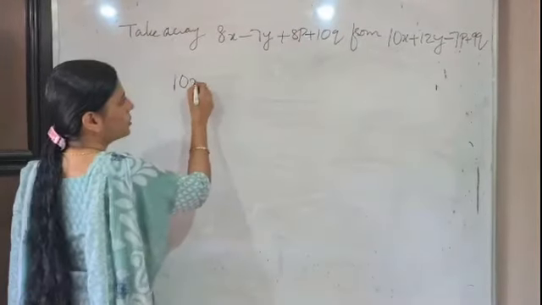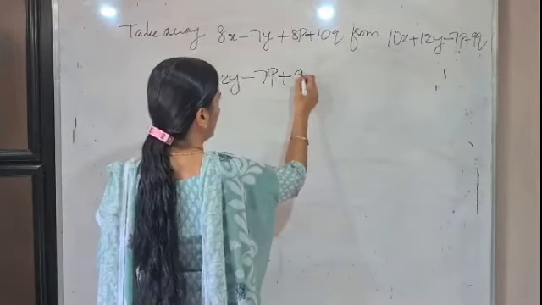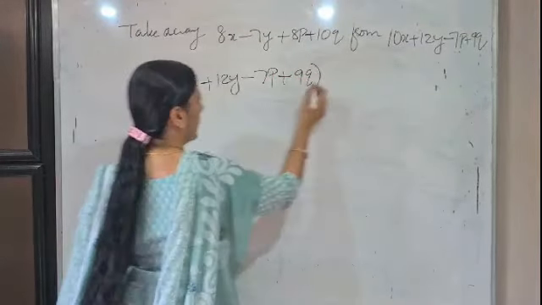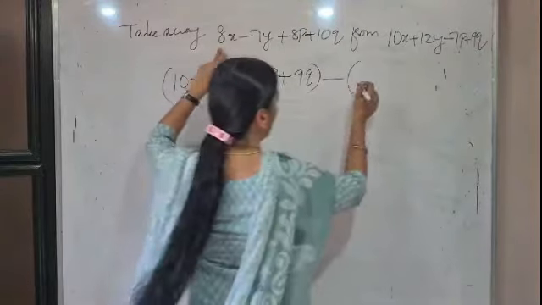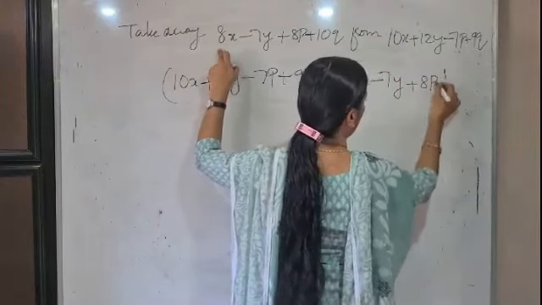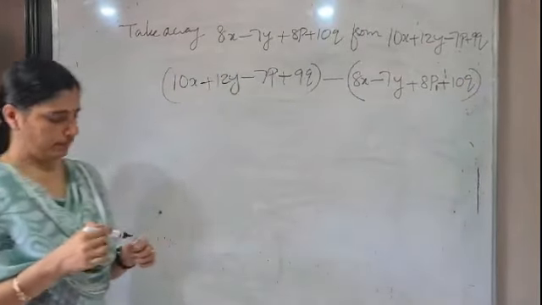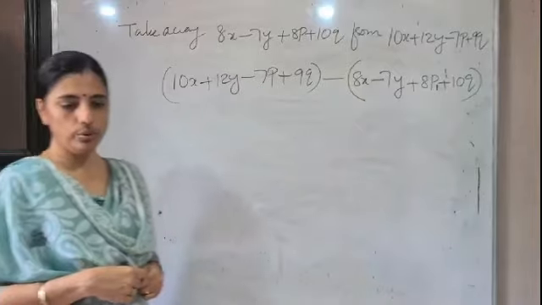So 10x plus 12y minus 7p plus 9q minus 8x minus 7y plus 8p plus 10q. Okay, next step what to do?